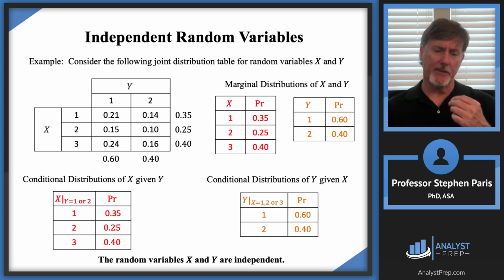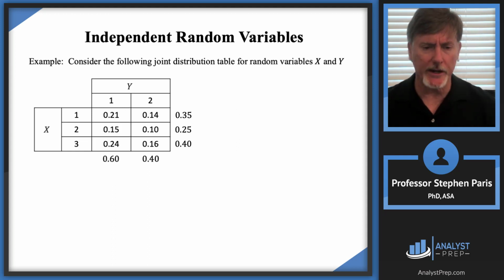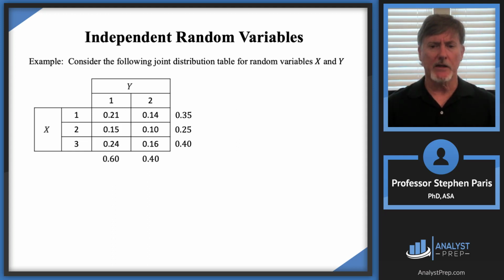Okay, so now let me go back to the table, the table that was given with the marginal probabilities in there, and let me show you a quick, easy way to see whether you've got independent random variables or not. Notice that from the marginal distributions, I'll highlight in red the marginal probability 0.6 for capital Y being 1 and 0.35 for capital X being equal to 1.